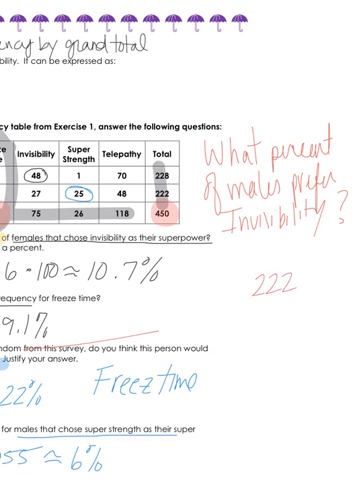That would be my denominator there. And then I would look for what percent of males that chose invisibility, and I'm looking at 27. So in this case, be on the lookout for one of these on the homework where it doesn't say relative frequency, or it doesn't say what percent of students or something generic like that. It says what percent of males. So what percent of males means now we're putting it out of the total males.